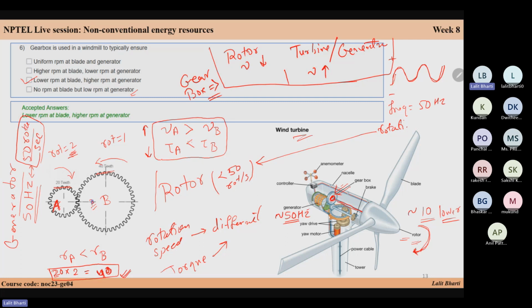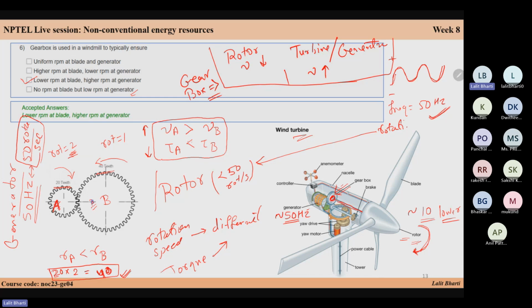So what can we do here? Your rotor speeds are lower than your turbine speeds, because for the turbine you need at least 50 rotations per second, since you need AC power of 50 hertz. 50 hertz means your polarity will change 50 times in a second.